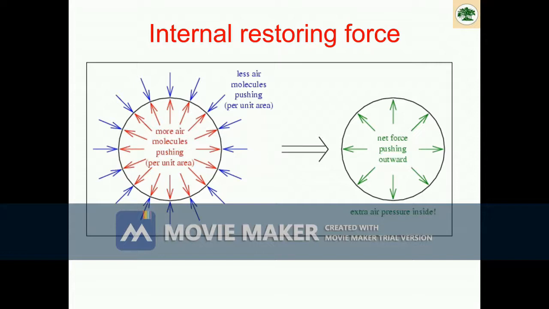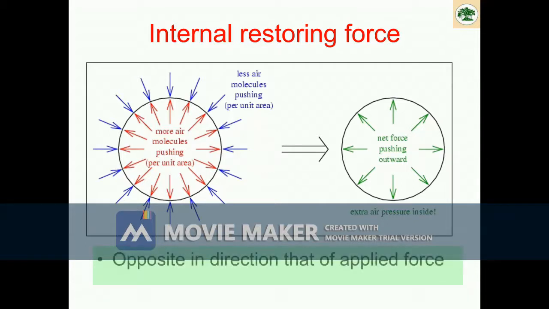Now when both the forces are the same, the body is said to be in equilibrium, it will have definite size and shape. This internal net force is called the internal restoring force. The force which is opposite in direction to the applied force is called the internal restoring force.